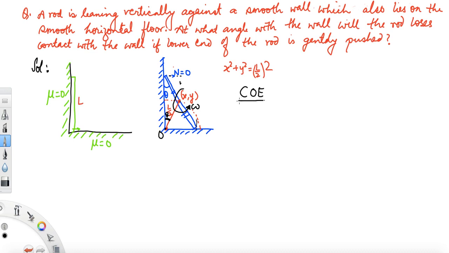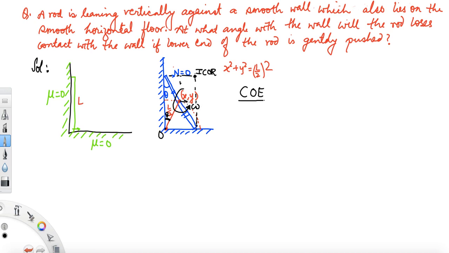But how will you apply this conservation of energy? One way to apply this conservation of energy is to think of the instantaneous center of rotation. This point is the instantaneous center of rotation, and you can directly write the kinetic energy of this rod, because this rod is undergoing rotation as well as translation, right?